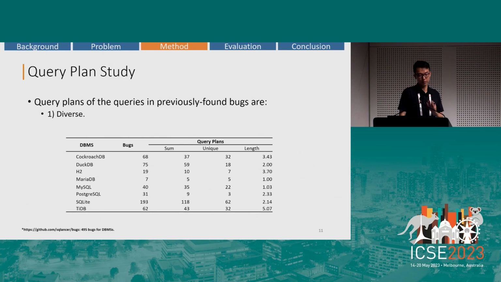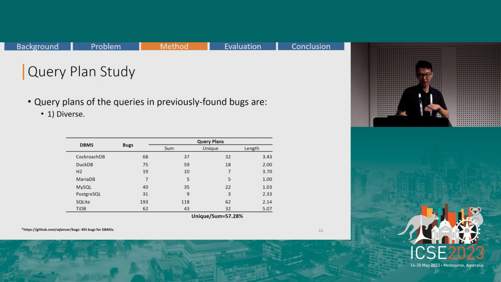We have two observations. The first one is they are very diverse. The sum column means the total number of query plans in this test case, and the unique column represents the number of unique query plans in this test case. We have found that more than half of the query plans are unique for the previously found bugs.